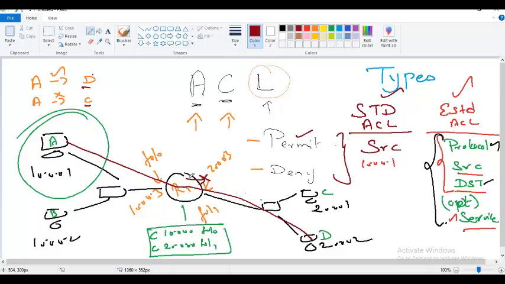This is possible only through extended access list. Standard access list cannot do this because standard access list only sees the source. If the source matches, it denies. So it is denying for all the destinations. Even if you have 1,000 computers here, for all 1,000 it will deny.